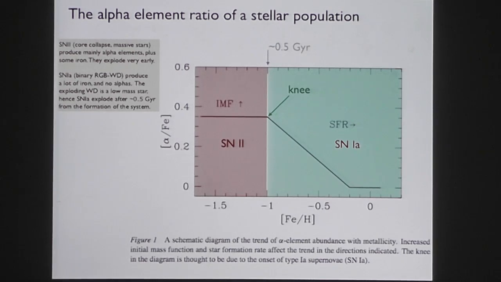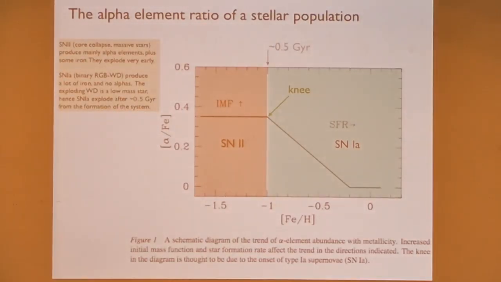This will be solar mass per year that you form in a stellar population. A fast star formation rate will be something like this, right? Meaning that you form a lot of stars before 0.5 gigayear, and then you form nothing anymore. And a slow star formation rate is something like this.